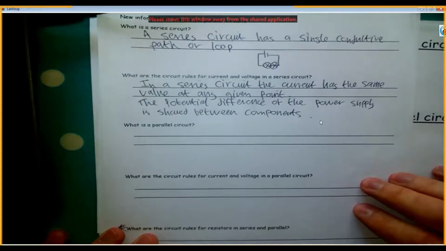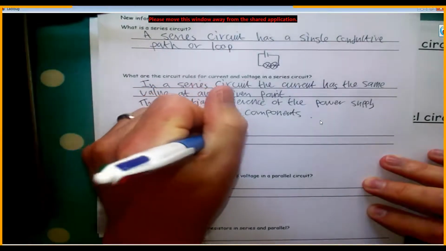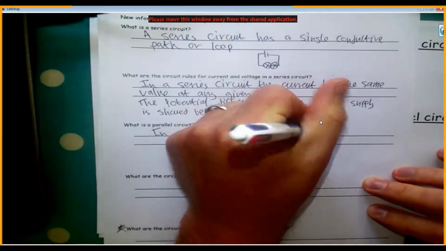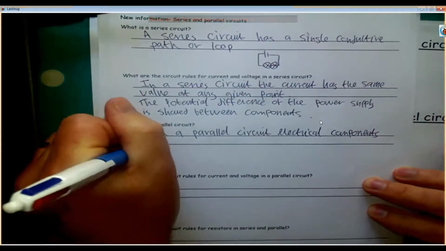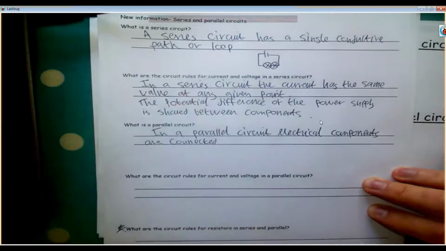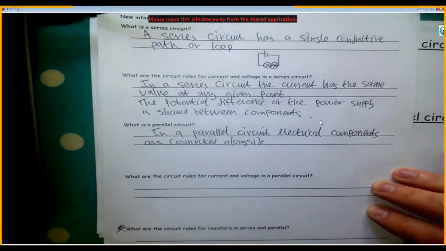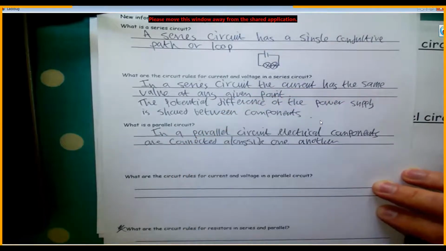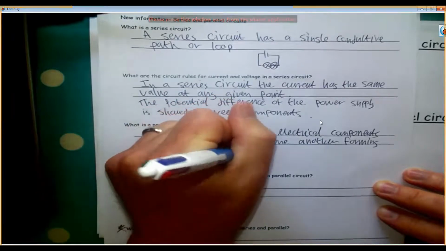Now, what about a parallel circuit, the other type of circuit that we need to know? So first of all, what is a parallel circuit? In a parallel circuit, electrical components are connected alongside one another, forming extra loops or more than one loop.